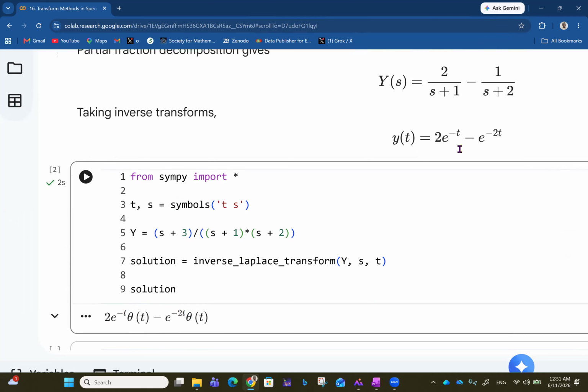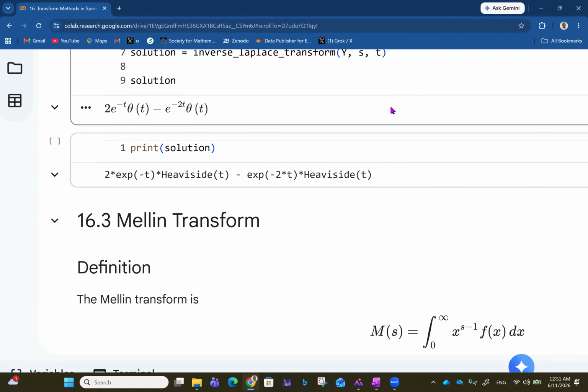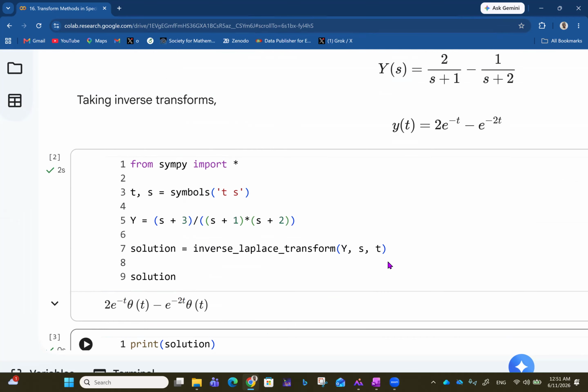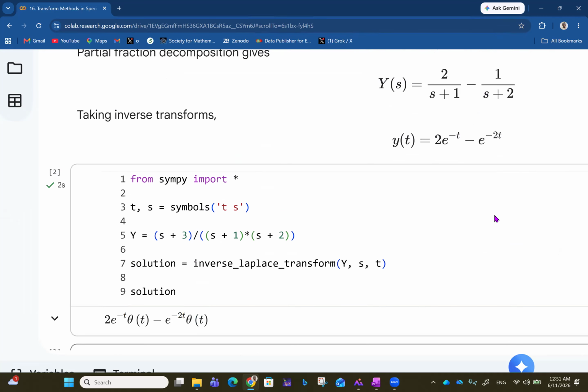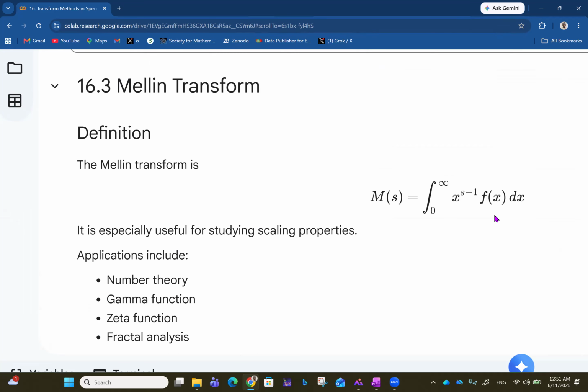Now you may be wondering, we don't have anything like theta t here, but if you print the solution like that, it tells you that it is a Heaviside function, Heaviside of t. I know there's something about Heaviside and the Dirac function or something like that. But interestingly, we can solve it in this closed form and have this analytical exact solution.